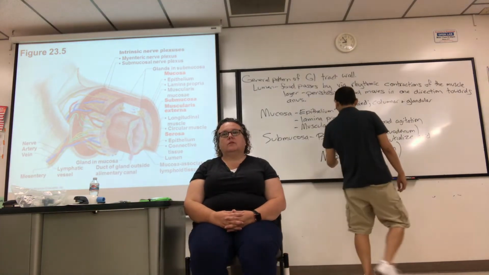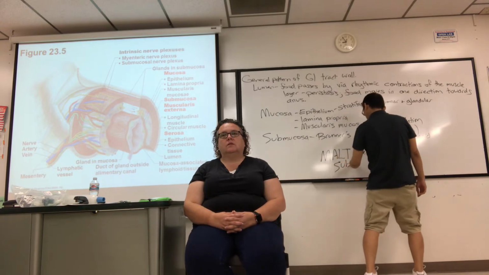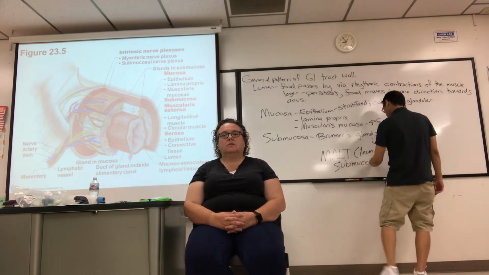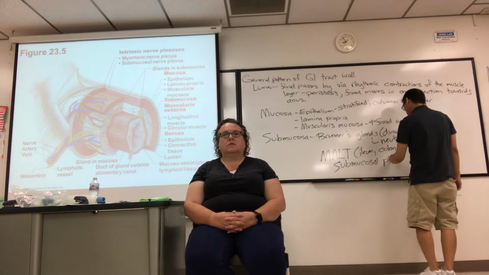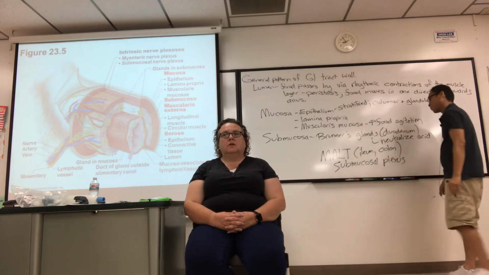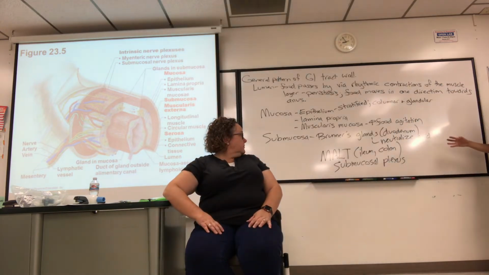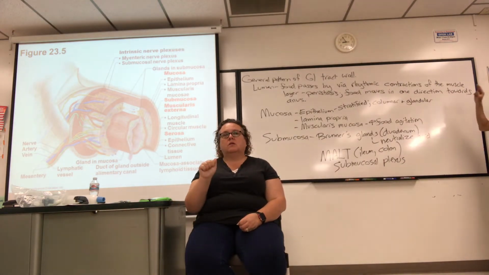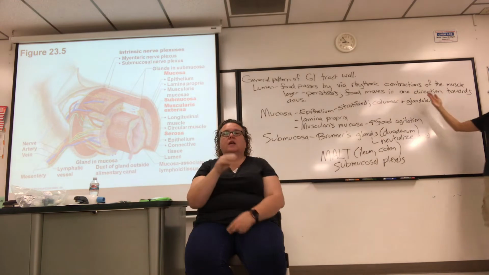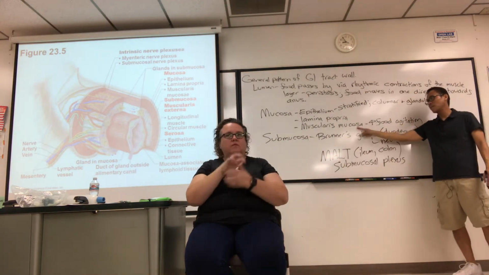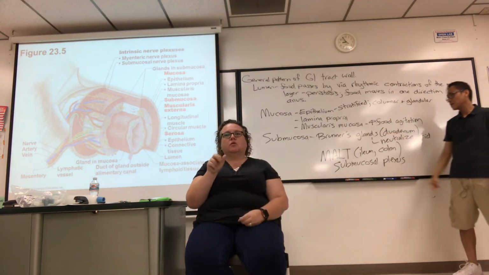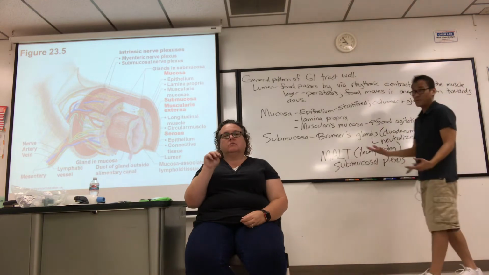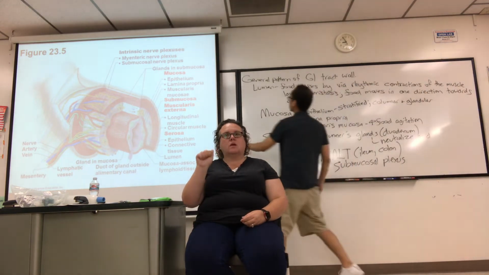Around the submucosa is the muscle layer that causes peristalsis. It's called the muscularis externa, not to be confused with the more internal muscularis mucosa. Students frequently confuse these different muscle layers.